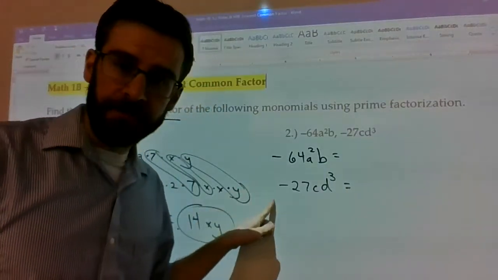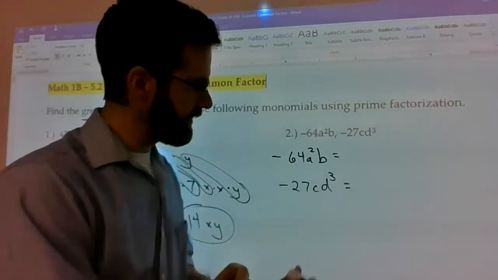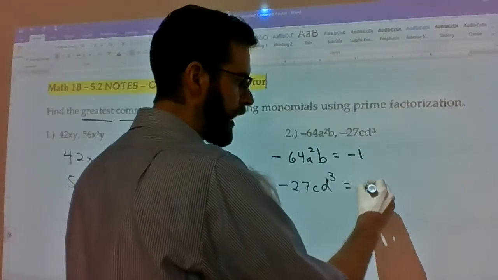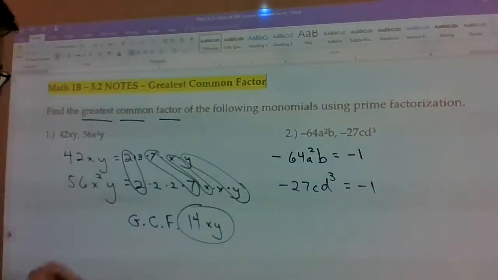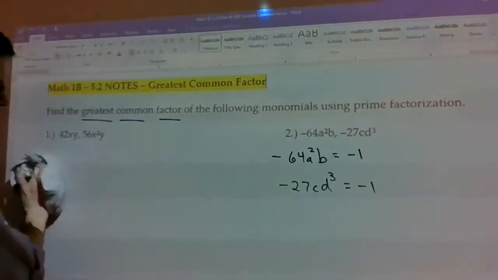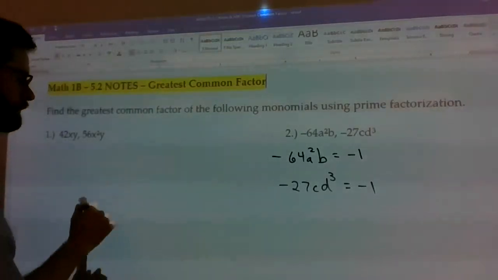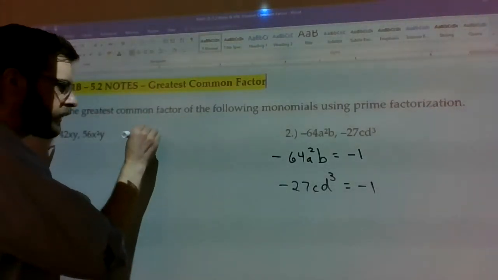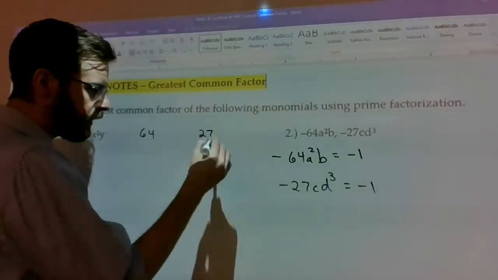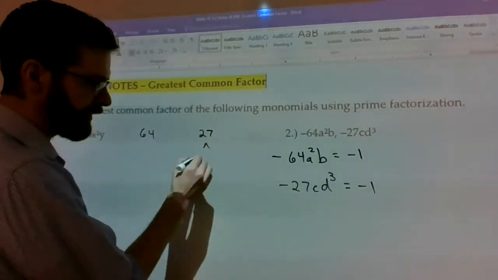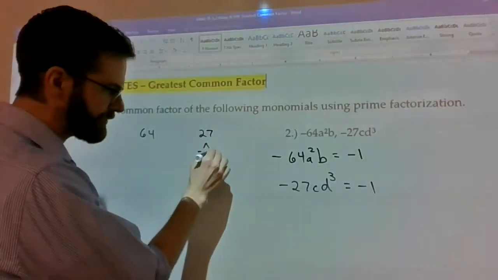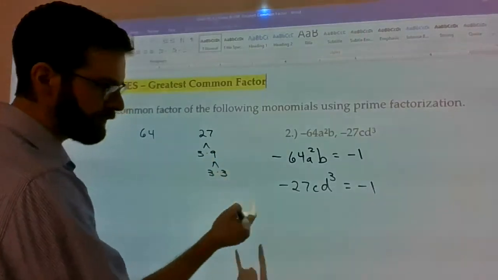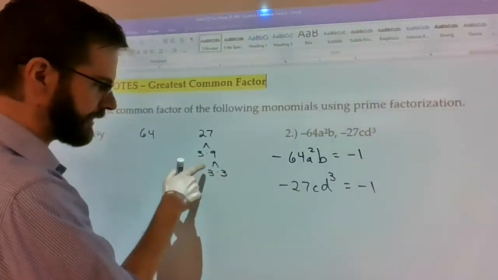Now they're both negative, so just in case I forget, I'm going to put the -1 right away for both of them. So 64 and 27 are the two numbers. We already did 27. We knew that that was 3 times 9, which is 3 times 3. So maybe I can do this one first. 3 times 3 times 3.